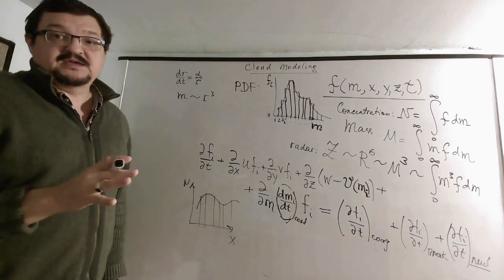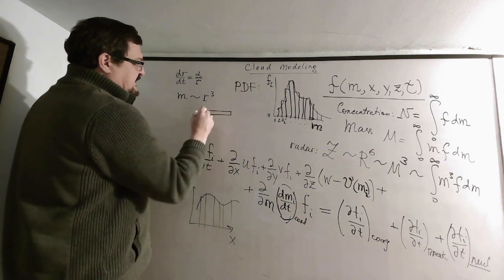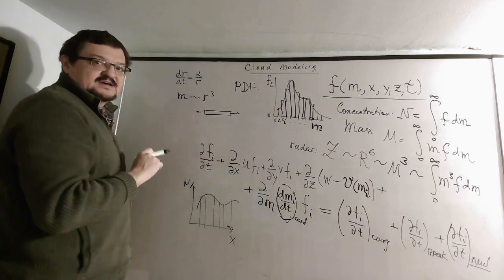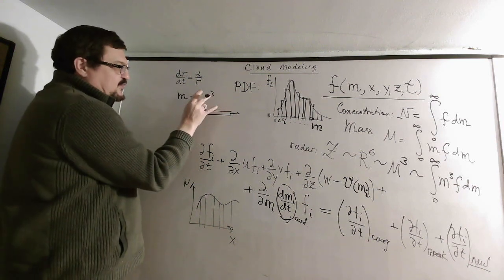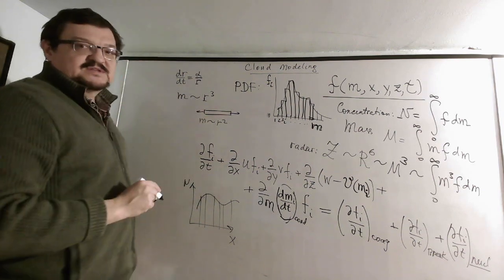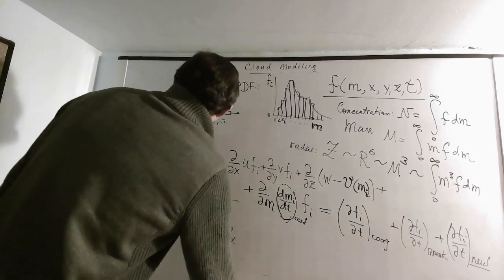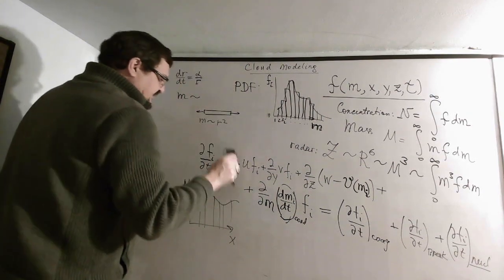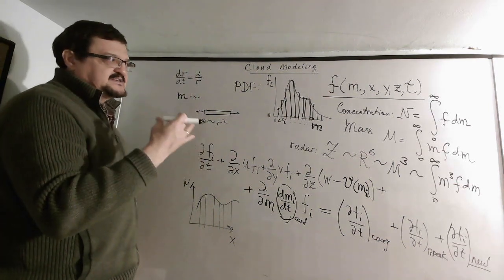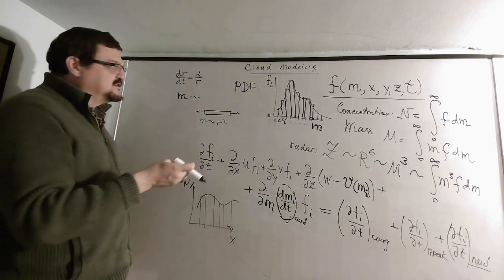For ice crystals, it can actually be not true, because if you have some plate, it may grow in size, in radius, but barely grow in thickness. So you have the mass proportional to radius squared, or maybe something in between, because you have a very large diversity of particles. So generally, you just assume that there is some model for a given cloud type and particle type, whether it's a liquid particle like a droplet, or a crystal.